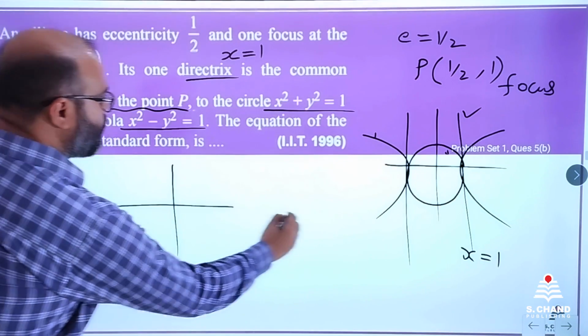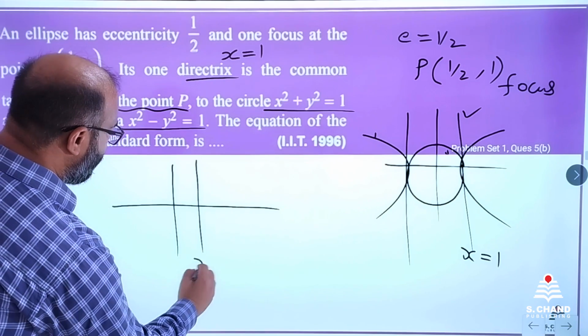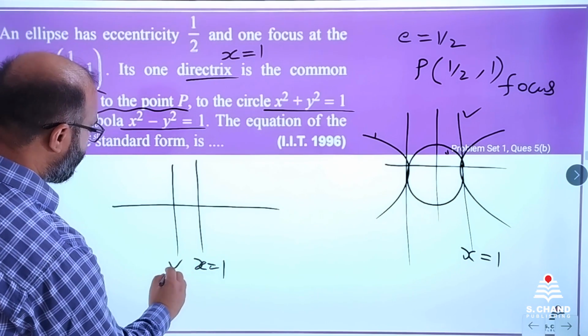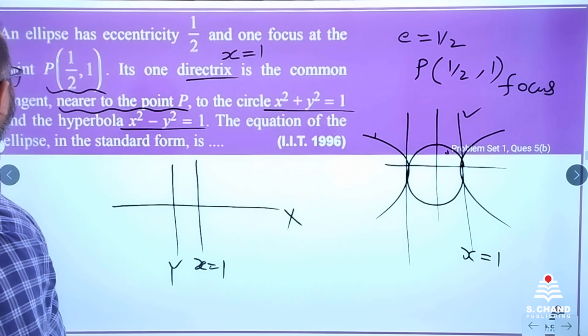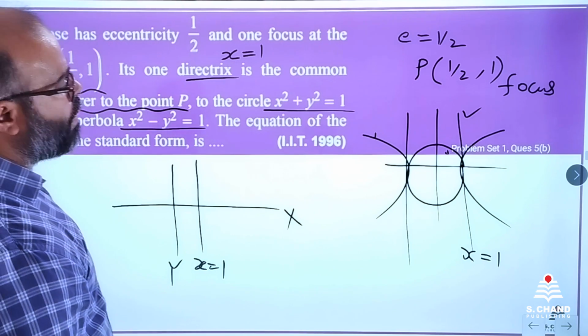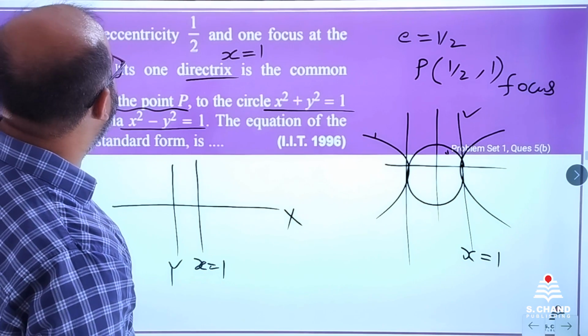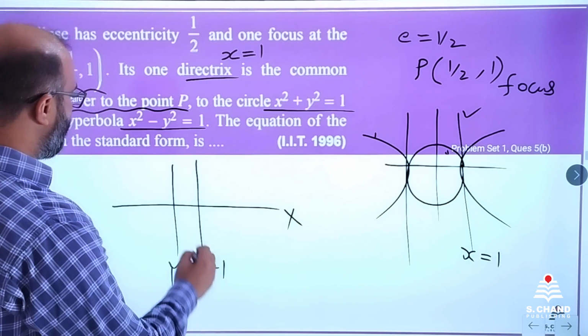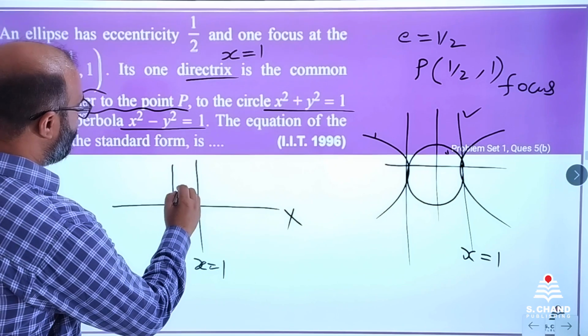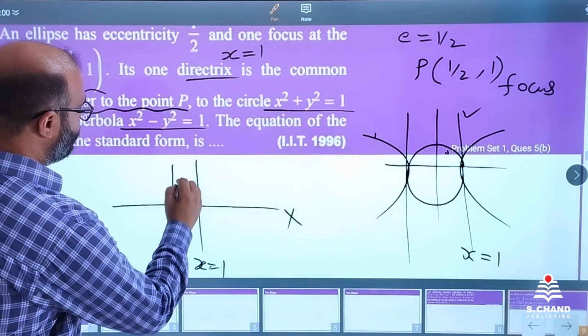Now, if we take x is equal to 1 as the directrix, this is the y-axis, this is the x-axis, and then we are talking about the equation of the ellipse in the standard form. Now we have eccentricity half and focus at half comma 1. So half comma 1 may be somewhere here.